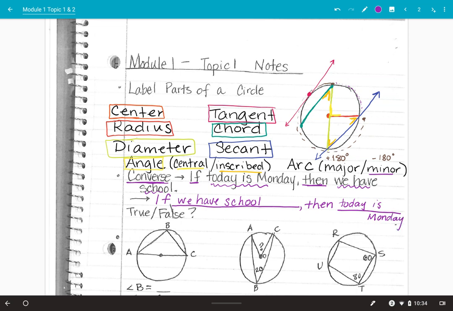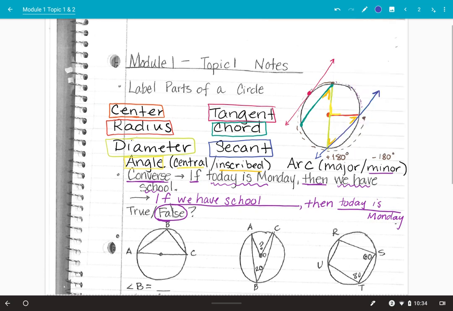Now, we have to decide if this is true or false. Our first statement, if today is Monday, then we have school, is a true statement on a normal day. But our converse is actually going to be false. If we have school, then today is Monday. Well, that could be false because it could be Tuesday, Wednesday, Thursday, or Friday. So it is false for this one. So you just need to think it through.